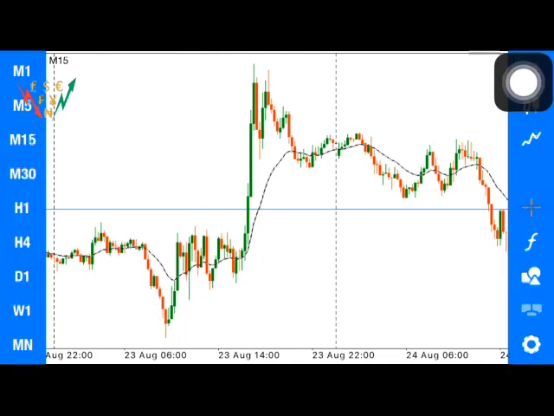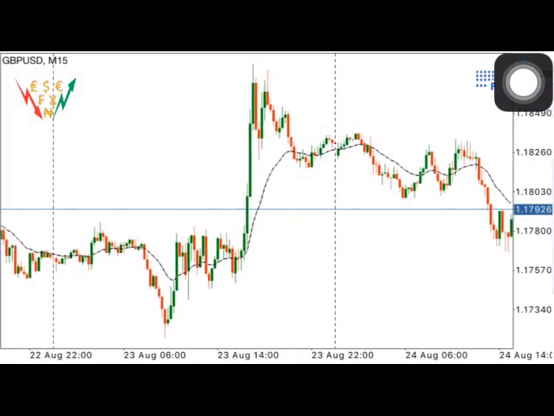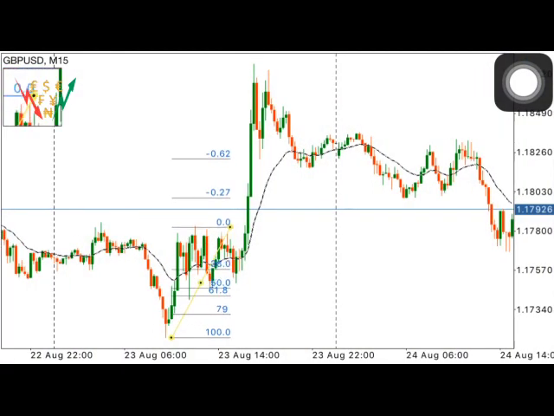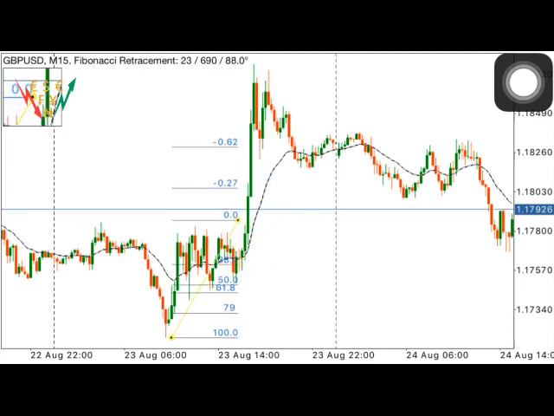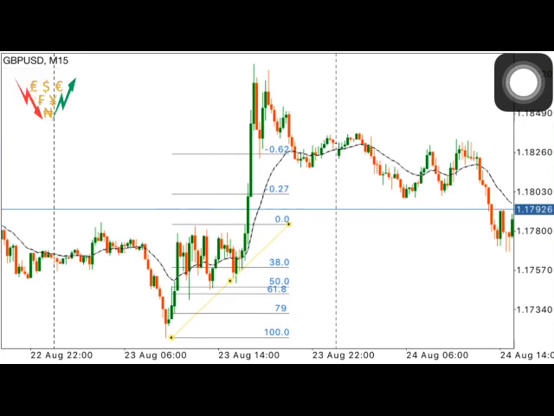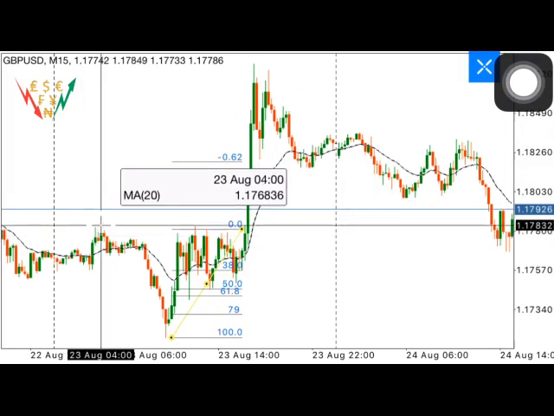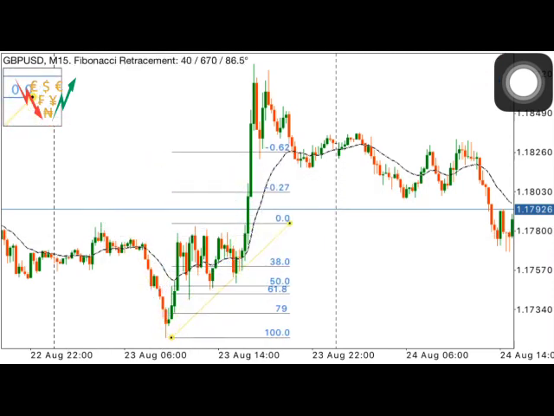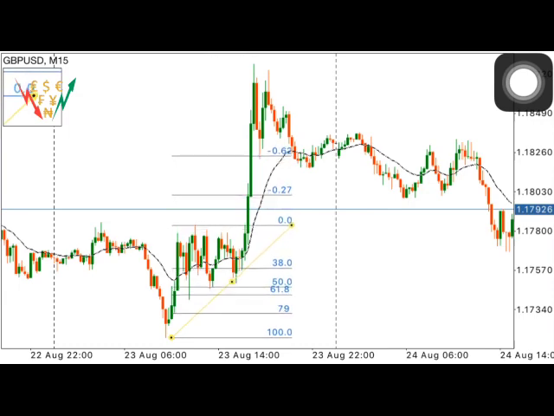Because of these green candles, if we use our Fibonacci tool again to place from the peak here to either the high of the day of the Tokyo session, the open, which is the highest that we're seeing here, or we take it to the end. You can notice something here.